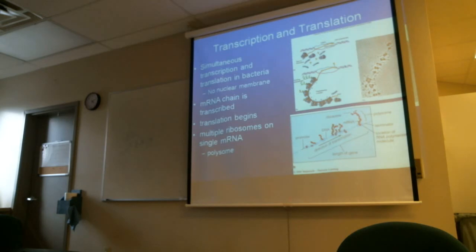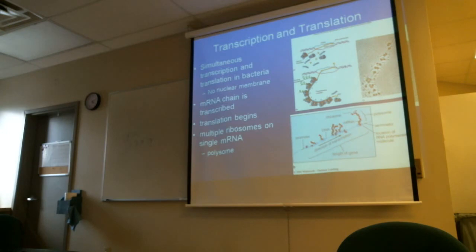Now, as far as transcription and translation being simultaneous, the only cell that can occur in is a prokaryotic cell. So I want you to know bacteria, for instance, can have transcription and translation simultaneously. You can have that chain transcribed and then translation will start, so it can start while it's going. That's because there's no nuclear membrane.